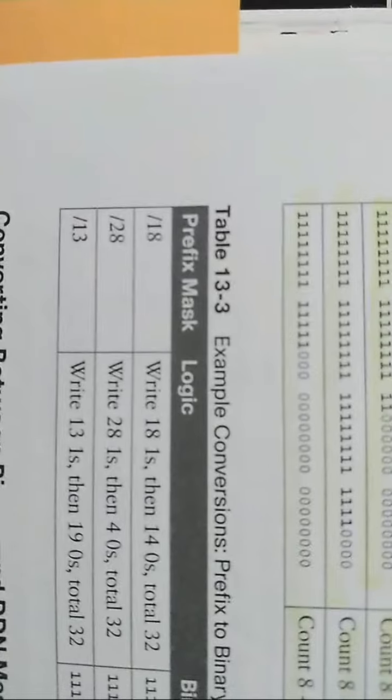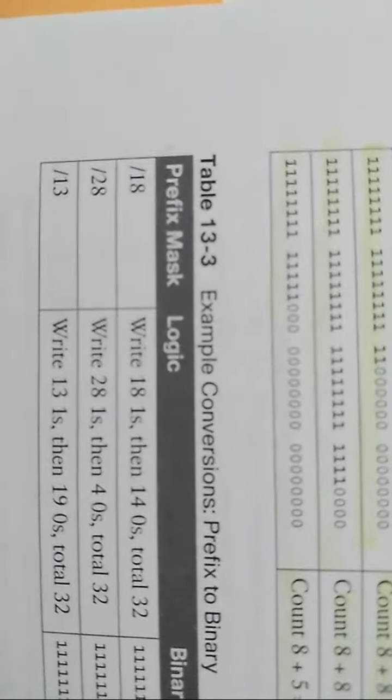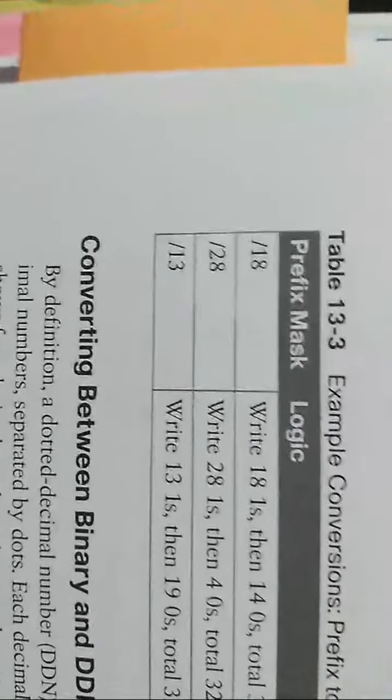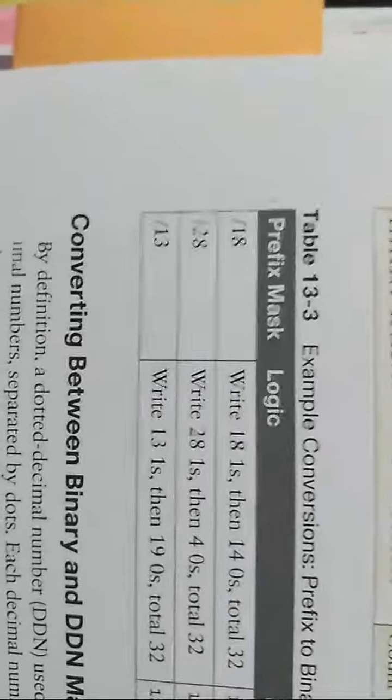Second row, /28, write 28 ones, then 4 zeros, total 32. Third row, /13, write 13 ones, then 19 zeros, total 32.